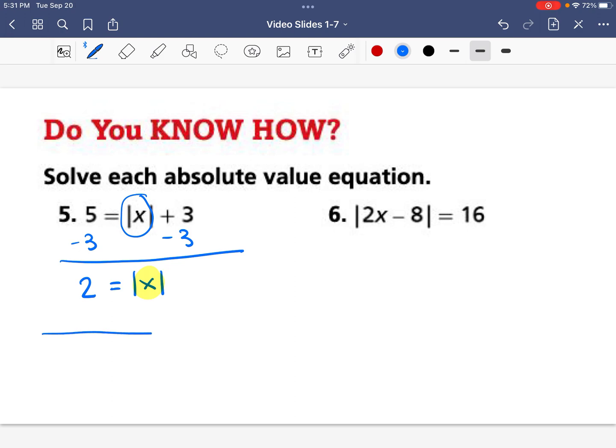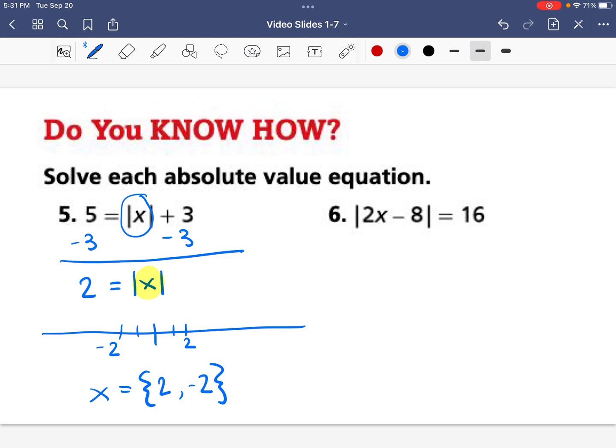Well, if I think about my number line, how far it is from 0, 2 is 2 spaces from 0, and negative 2 is also 2 spaces from 0. So my two answers would be x equals 2 or negative 2. That's the set of answers that would make this a true equation.